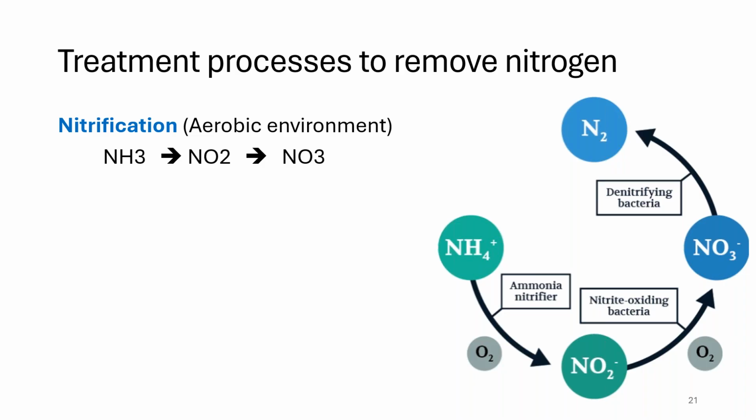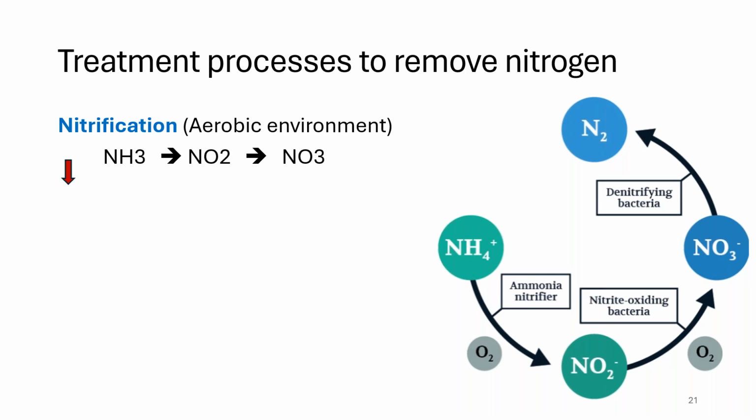And you can see the little cycle there on the right-hand side of your screen. You start out with ammonia, NH4, and we nitrify it to NO2, which is nitrite, and then that's oxidized to nitrate, NO3, and then finally another step is denitrification from NO3 to N2, the N2 gas.